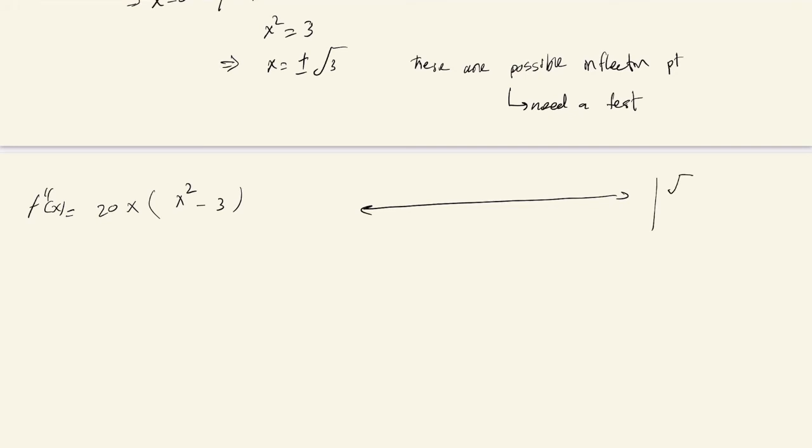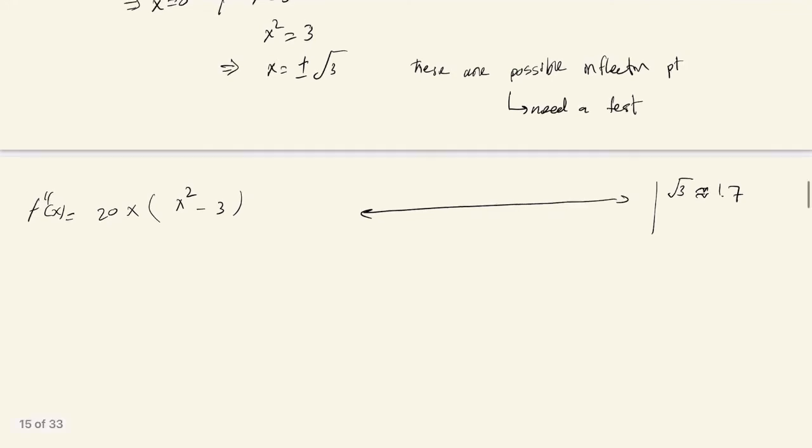Here, square root of 3 is approximately 1.7. So on the x-axis here, I want to mark our possible inflection points: x equal to 0, x equals square root of 3, and x equal to minus square root of 3. Now I'm going to take values that are larger, lower, and between these values to check the signs of the second derivative. If the sign of the second derivative changes around a point, then it's an inflection point.